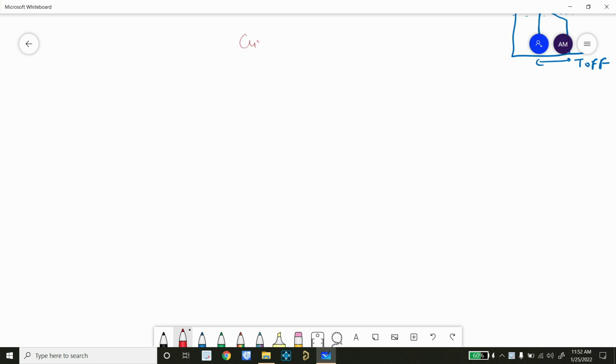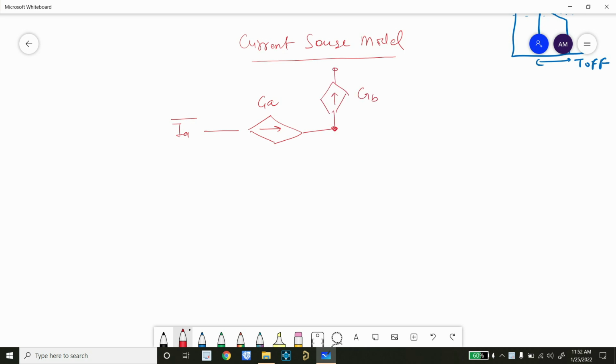Let's further discuss the continuous current source model. Our first current source will be I_A, which we can represent with G_A, and it is further divided into the on and off states, which will be G_B and G_C. G_A is equal to the average current of node A, which is equal to the inductor current.